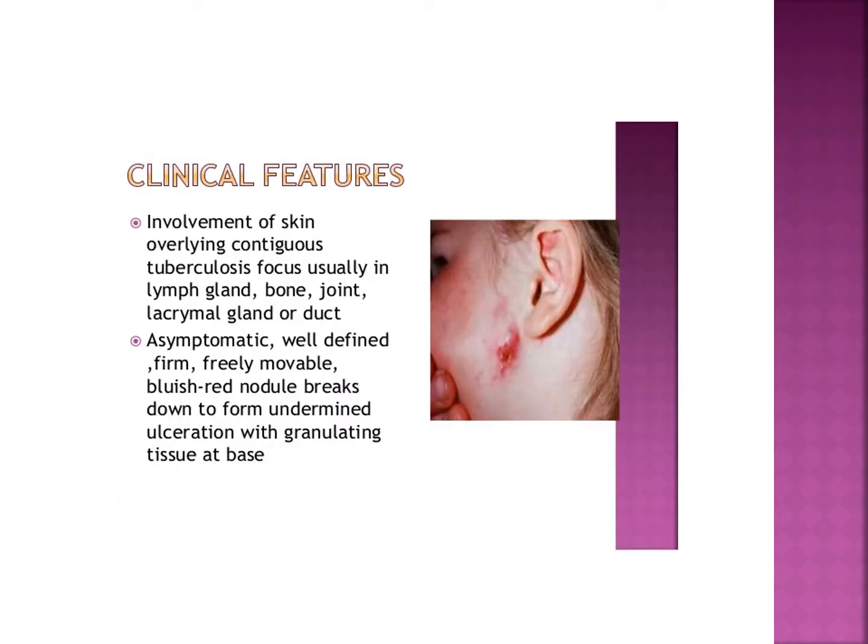So here is the other site and clinical feature of scrofuloderma. As we said, it is from the underlying involvement with tuberculosis, and then it spreads out to the skin in the form of sinuses. The focus may be lymph nodes, lymph glands, then bone, joints, lacrimal gland or lacrimal duct.